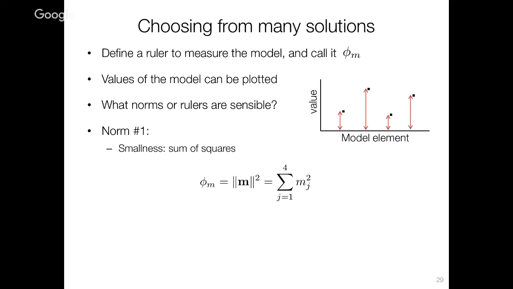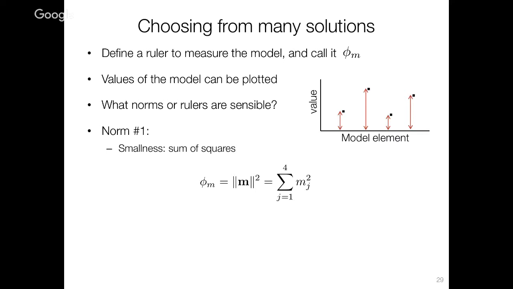We're going to refer to that as phi sub m. So this is going to be our metric. This is the thing that we're going to try to minimize. And then it's the question of what this is. For instance, it could be the smallness: what's the sum of squares of all of the elements?